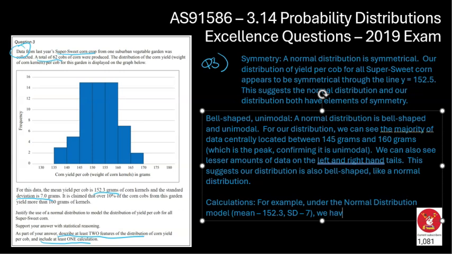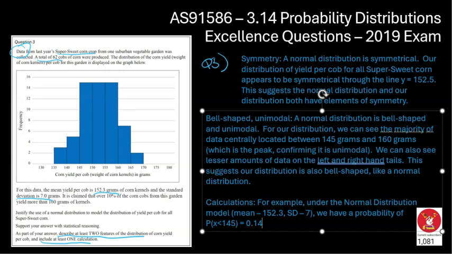We have a probability that x is less than 145, and that's going to be equal to 0.1458, with 4 dp rounding. Okay, so that was the normal distribution model, and I've used the graphics calculator to get all of those numbers.